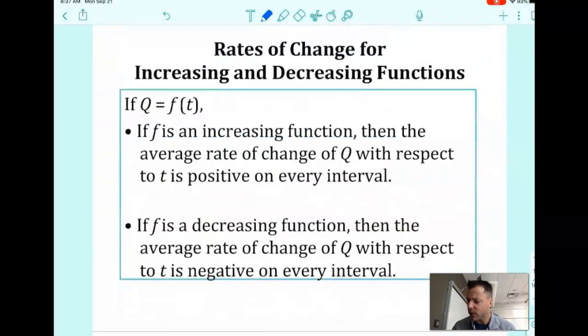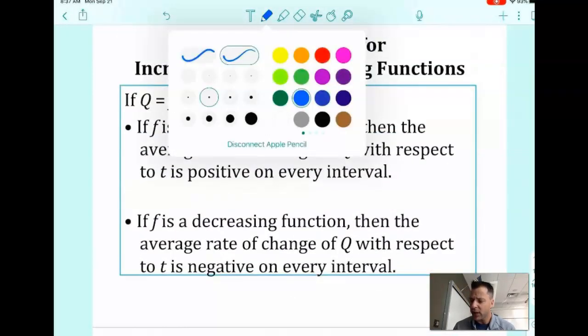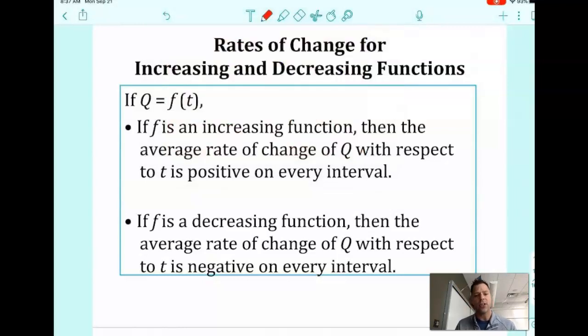As we continue, this is really important. How does rate of change relate to slope? If your function's increasing, if it's going uphill, look at that, you can see that my hand is going to be a positive slope over that interval. So if you tell me a function is increasing on an interval, that means the slope over that interval is going to be positive. And likewise, if you tell me a function is decreasing over an interval, then you're going to have a negative slope.